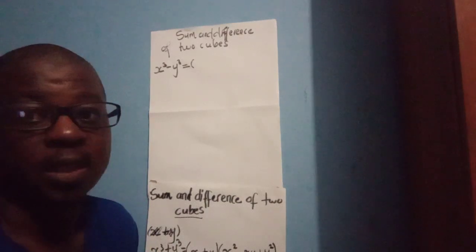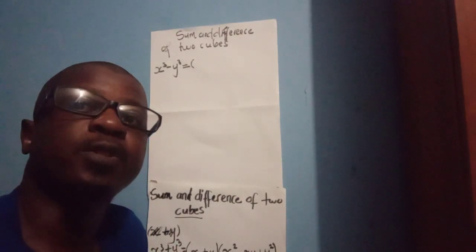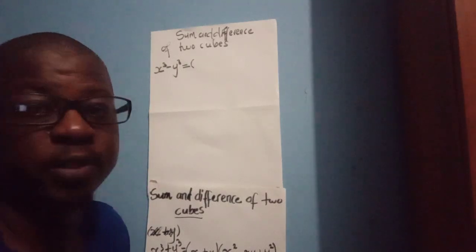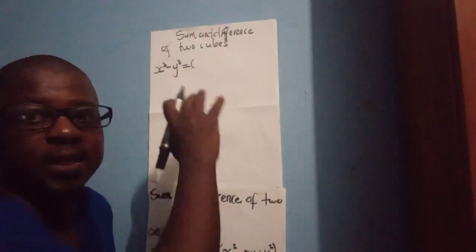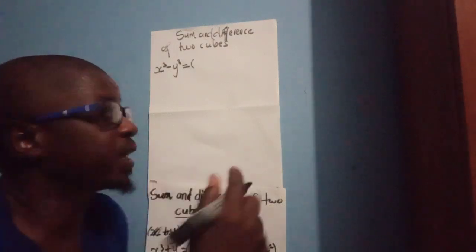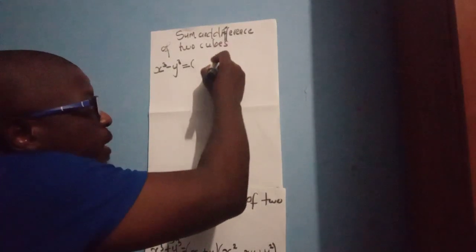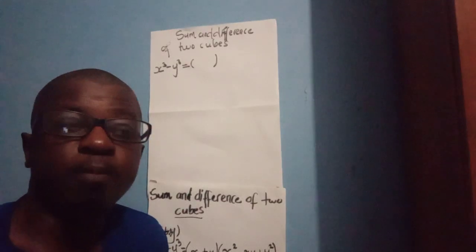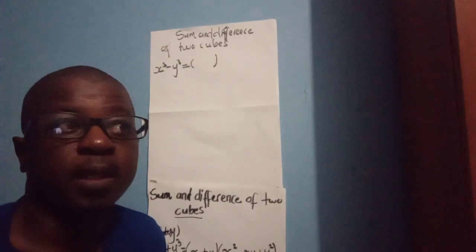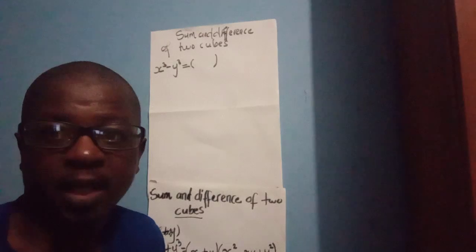So sum and difference of two cubes, we need to have this formula in mind. First, we're going to have two brackets, but let me write the first bracket first. In the first bracket, I'm going to write the first term plus the last term.